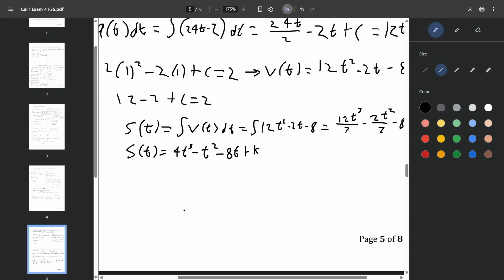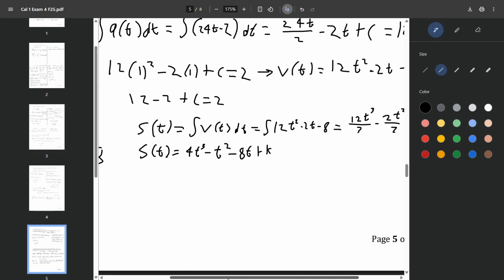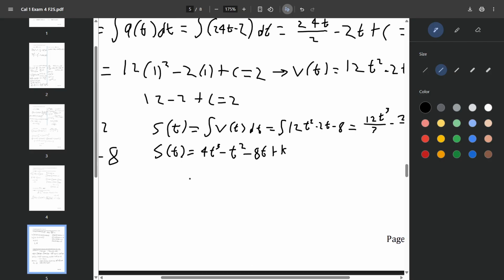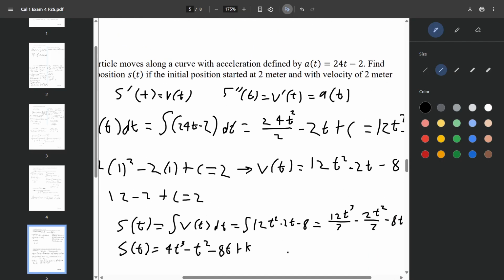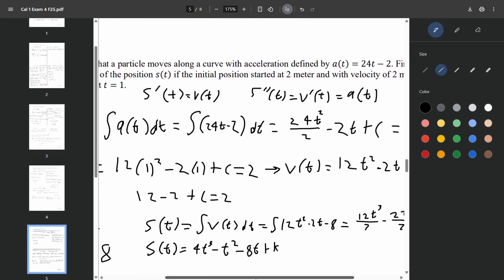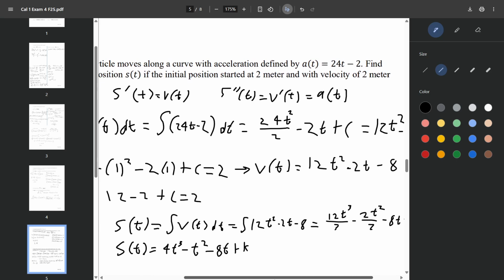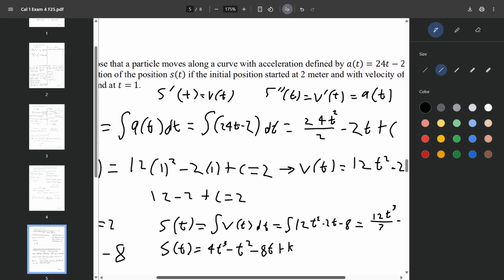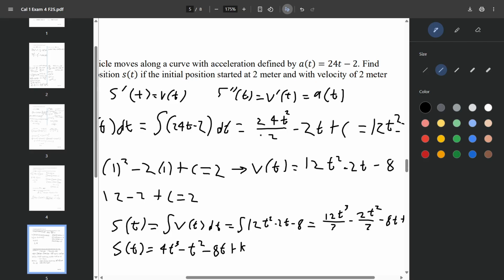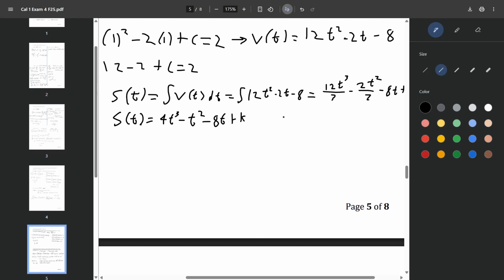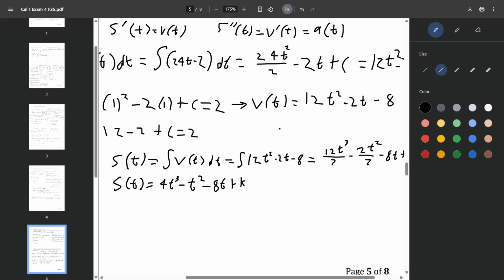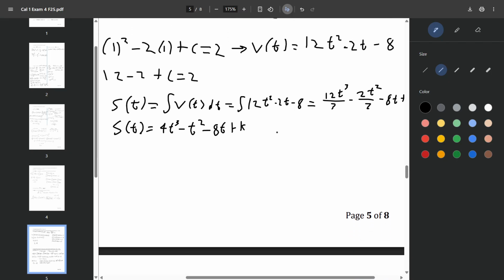And now, just as before, we need to solve for our variable. So in this case, the problem tells us that the position started at 2. So s at 0 equals 2.